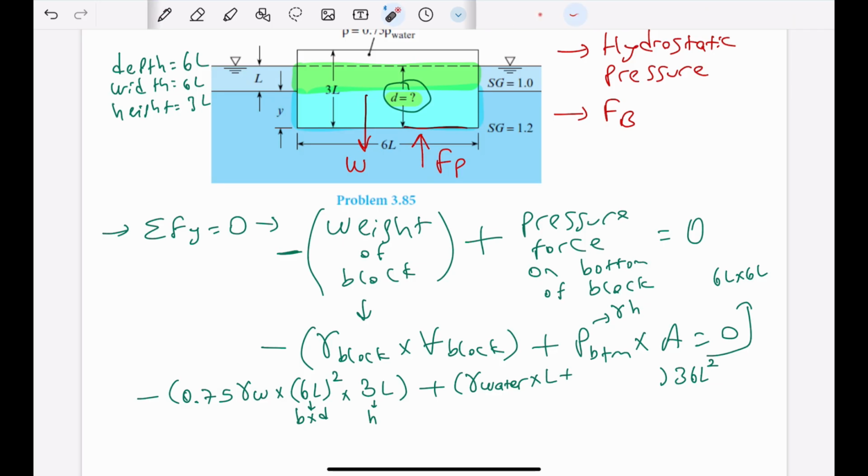Plus, now focus on the second part. Here the height is Y. So it will be Y times, here we have another fluid, as I mentioned, and it is 1.2. So its specific weight will be 1.2 specific weight of water. And as I mentioned, this is common for both of these sections because they have the same bottom width and depth.